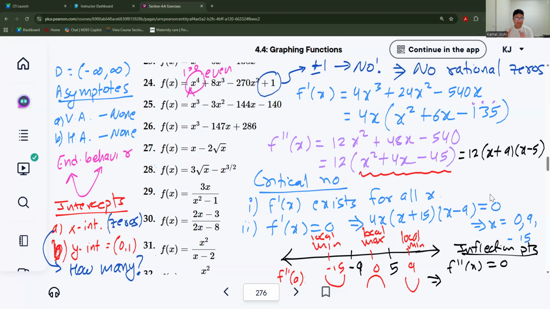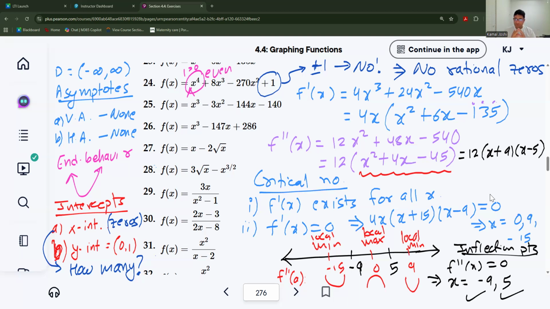So we will know whether those values, minus 9 and 5, are inflection points or not. Now, to find the max or min using the second derivative test, we had already determined the concave up and concave down there. Which tells us that both minus 9 and 5 are inflection points. Okay, yes, both are inflection. But if you look at the number line.